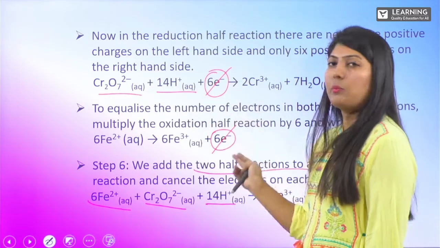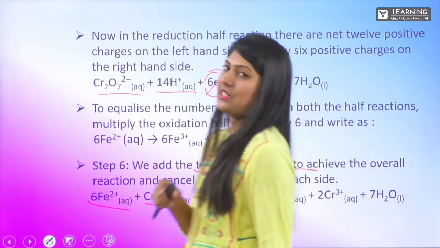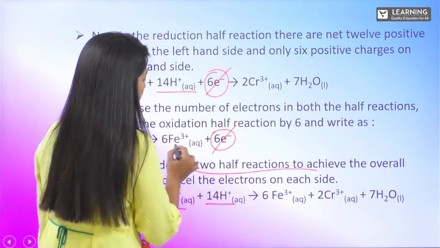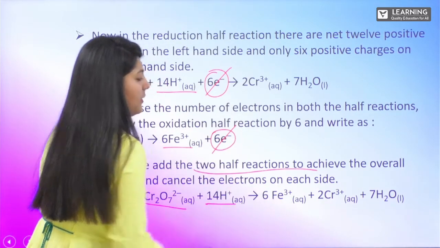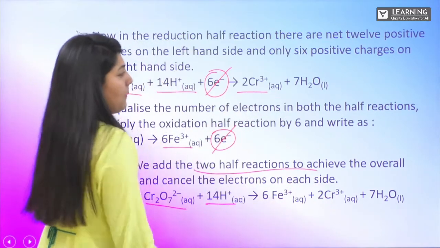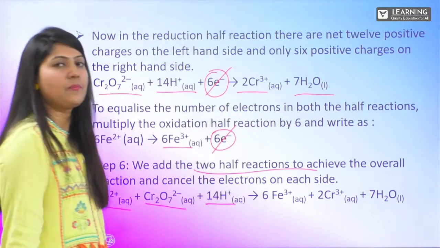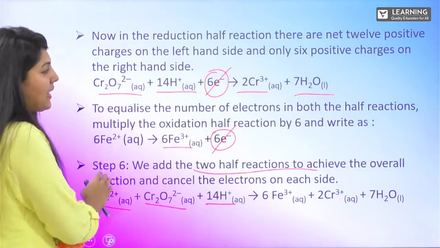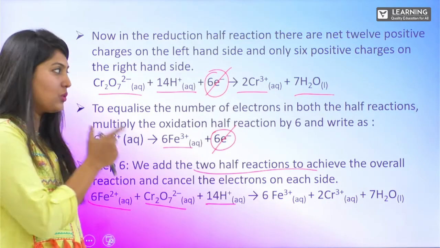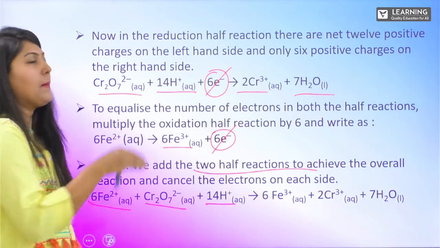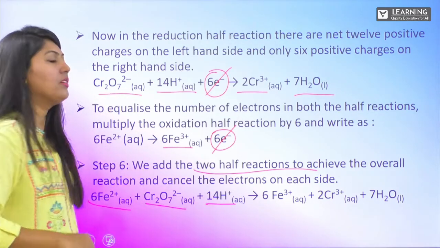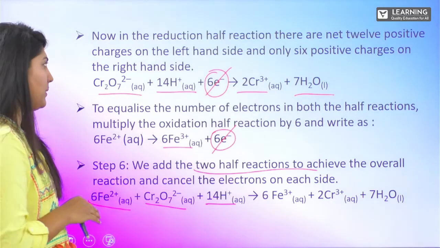If they are on opposite sides, we can cancel them. So the electrons will get cancelled. And on the product side, we get 6 Fe3+, 2Cr3+, 7 water molecules. So this is how we can balance using half reactions, taking two half reactions, splitting them, balancing each one separately, and then adding them. This is the half reaction method.